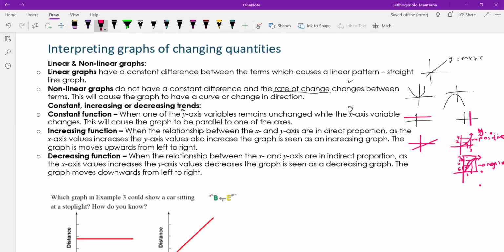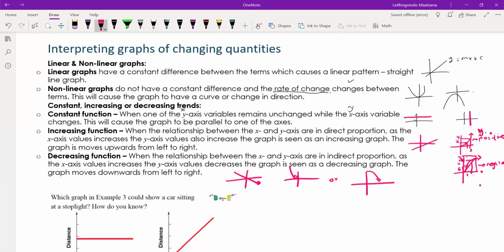We have a decreasing function where the relationship between the x and the y are inversely proportional. This means that when the x value increases, the y value will decrease. For a straight line, we'll get something as simple as that. And for a curve, we can get this, or we can get that.